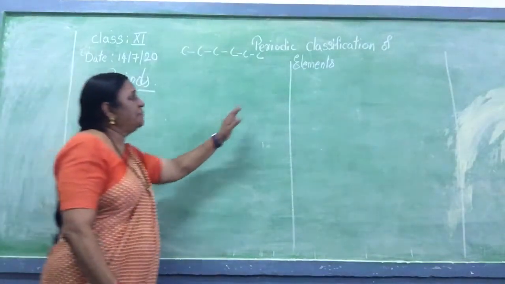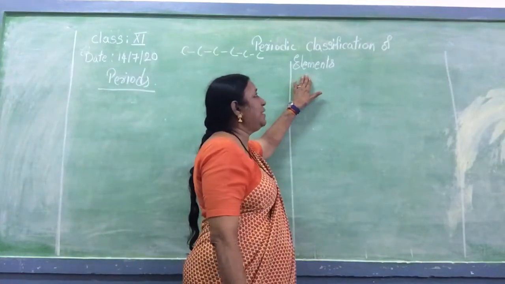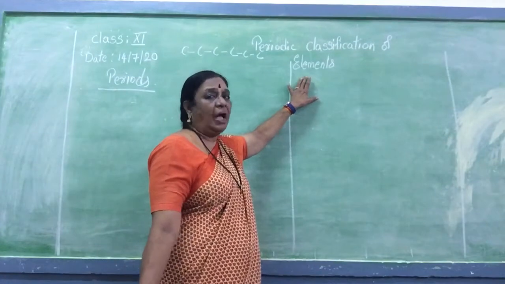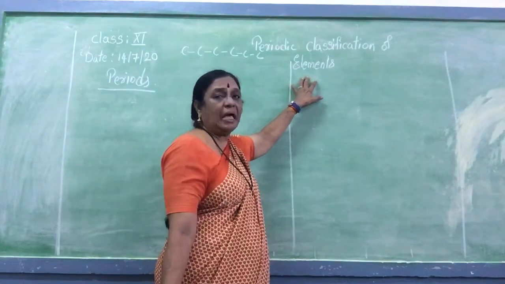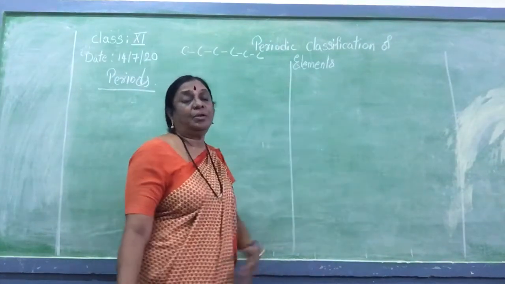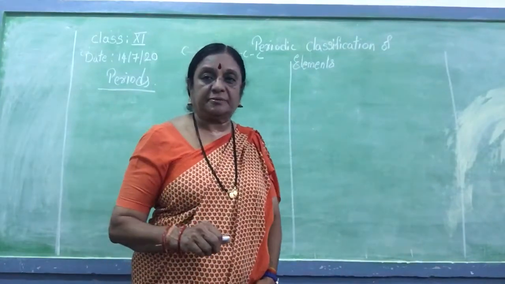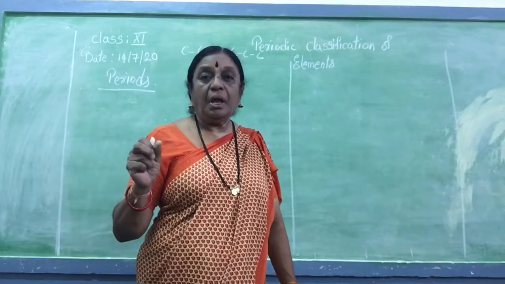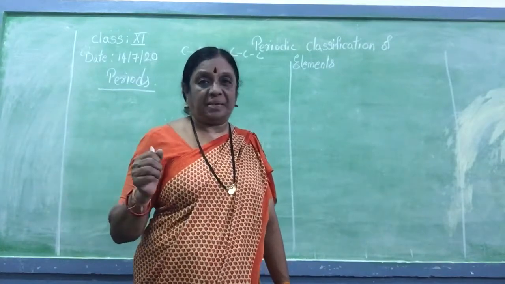Now, what is the basic need to classify the elements? Why do we have to classify the elements? I told you children, if there are 119 elements, how to remember the properties? How to remember the atomic weight? Okay children, how to remember the valency?